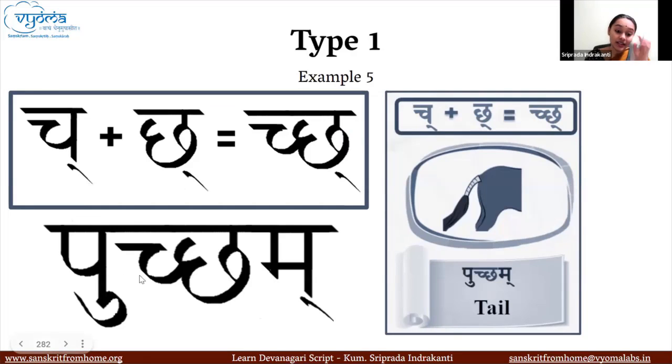Pancham, this could be a little tricky to write. But the same method is used. First we write pu. So remember, pu and sha look similar. There's only a diagonal line in the middle for sha, and there's nothing for pu. So even that could be a place you could get caught up on. So pancham, cha, and then the next letter after cha.